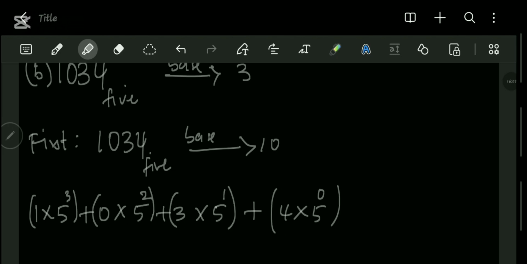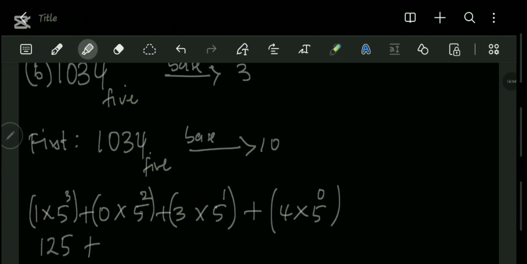So 5 raised to power 3 is 5 in 3 places. That's 5 times 5 times 5, that's 125. 125 times 1 is 125, right?